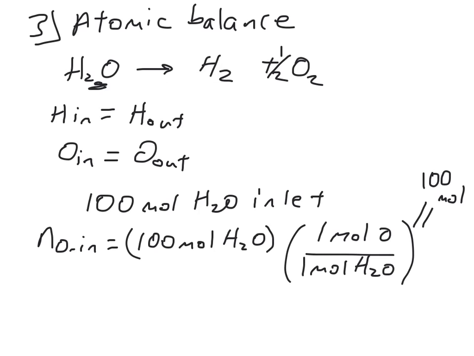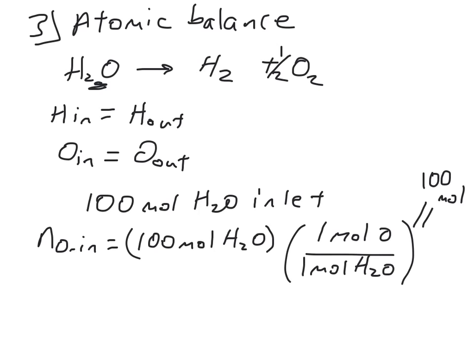If we have, for instance, some oxygen coming in, we have to be careful here because when I say oxygen, I'm referring to atomic oxygen, but we also have molecular oxygen. So if I say oxygen, we have to distinguish whether I'm talking about atomic oxygen or molecular oxygen. I'm talking about atomic oxygen here.